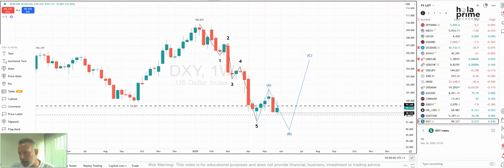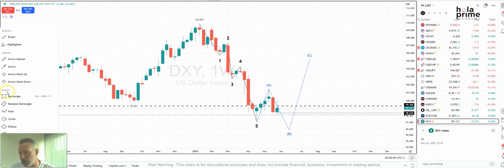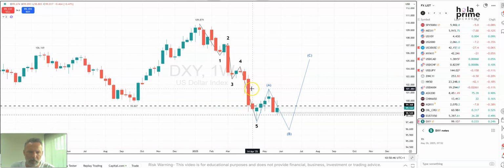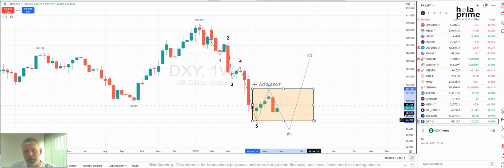And sometimes what happens, and we're talking about smart money concepts or the Wyckoff theory, is that we get this period of consolidation that can be seen as an accumulation or a distribution zone, depending on whether or not we're at the top of a trend or the bottom of a trend.